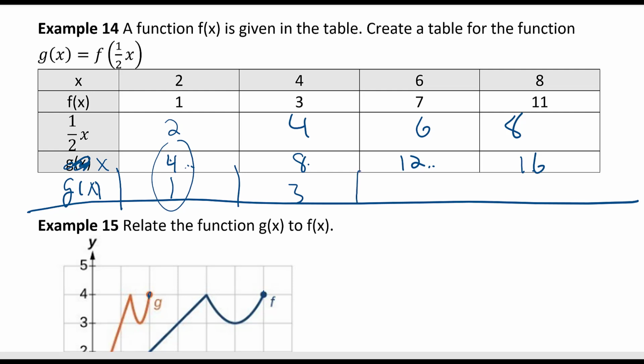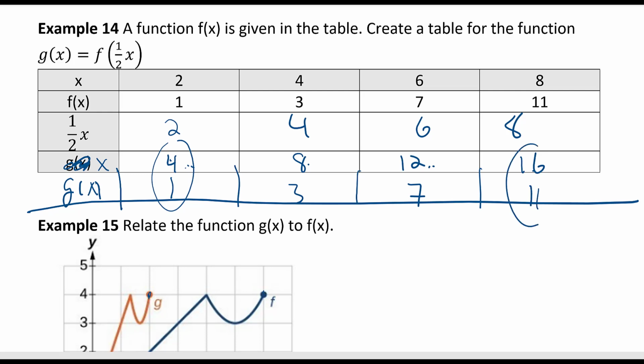This is half, so it would be a stretch, not a compression. And then for g of 12, we look at f of 6. So f of 6 is 7, so g of 12 is 7. And then, since f of 8 is 11, g of 16 would be 11.